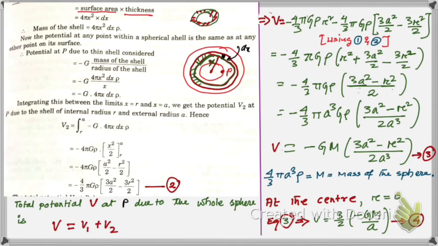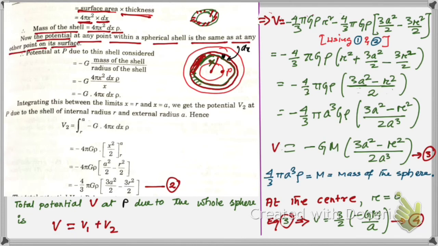In this case, that volume will be given by surface area into thickness, so that is 4 pi x square into dx, right? And the density will be the density of the solid sphere we have considered, rho, so mass will be given by volume into density. Now the potential at any point within the spherical cell is the same as at any other point on its surface.